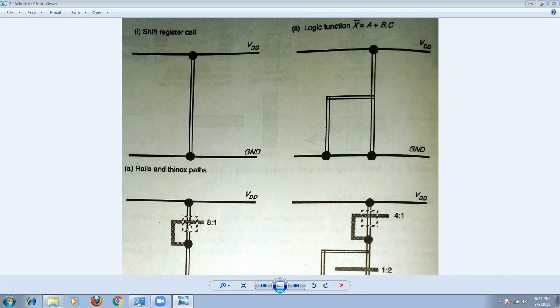When the polysilicon joins with the diffusion layer, we are having a buried contact. This is the brown color basically we are using. That is about the stick diagram. These are the steps to draw the stick diagram.